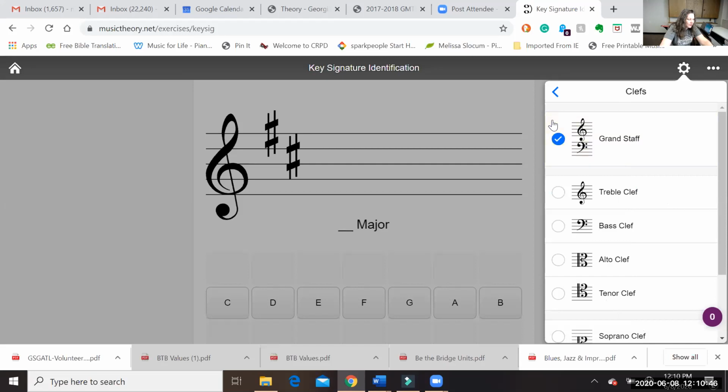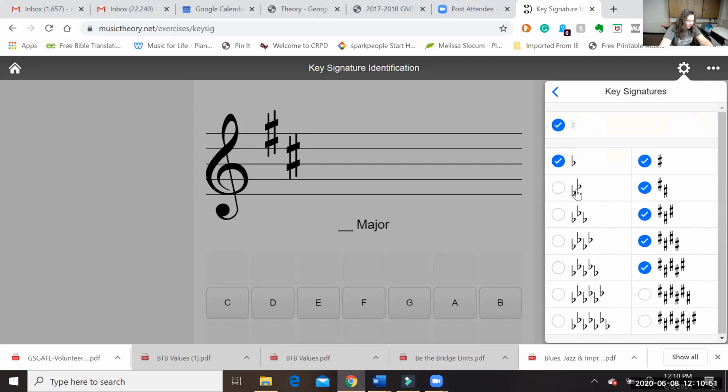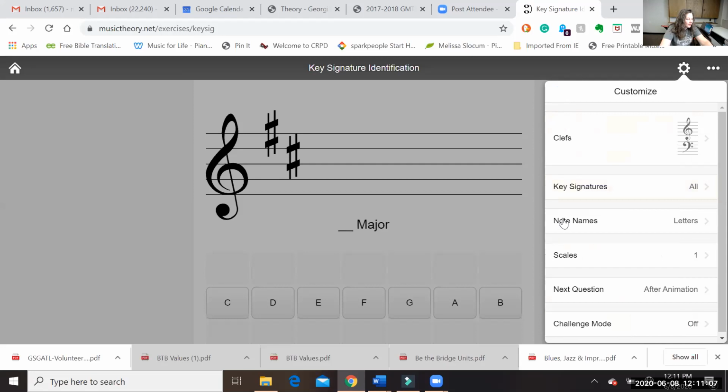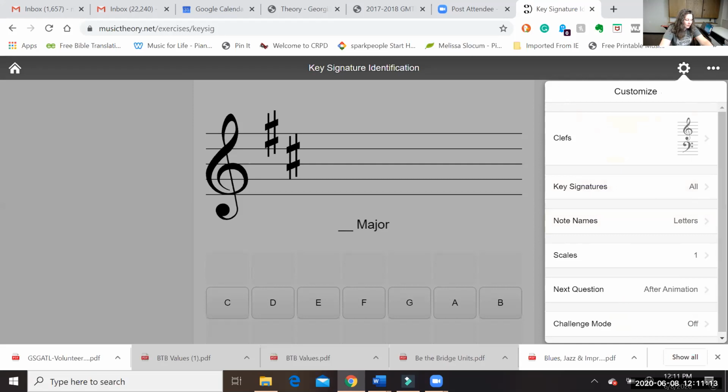So let's switch to grand staff. You should choose most of the key signatures, if not all. I'm going to choose all of them here. Again, this is an intermediate test and a lot of things can show up here.